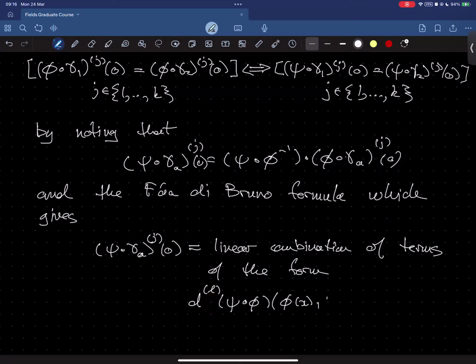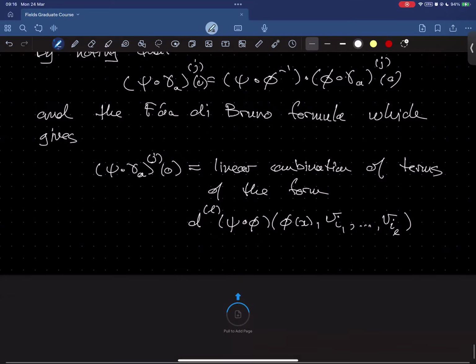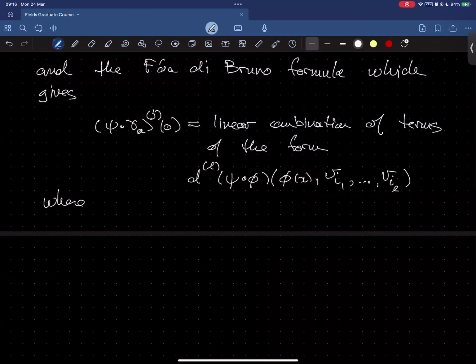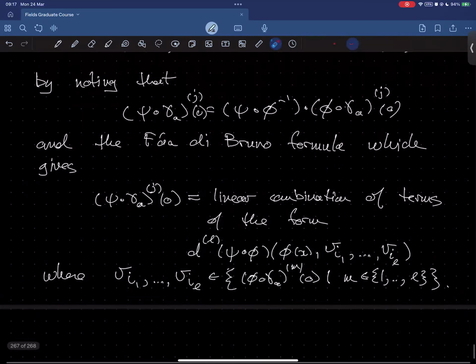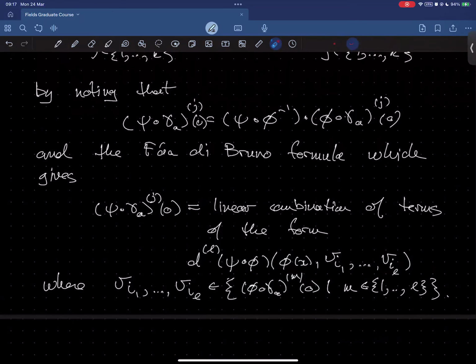Let me abbreviate these L arguments as v_i1 up to v_iL, where v_i1 up to v_iL are vectors from the following set of vectors: the derivatives of phi composed with gamma_A, the m-th derivatives at 0, where m goes from 1 to L. If you look back at the Faà di Bruno formula, you will see that this derivative is expressed as a finite linear combination.